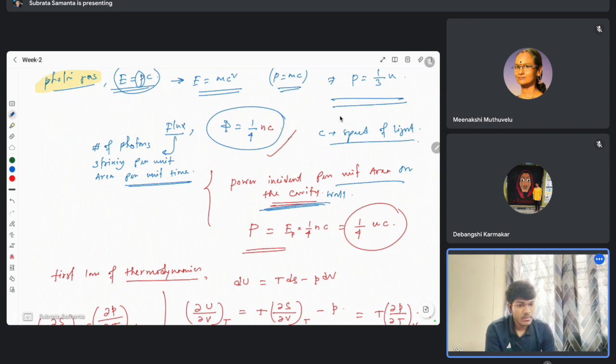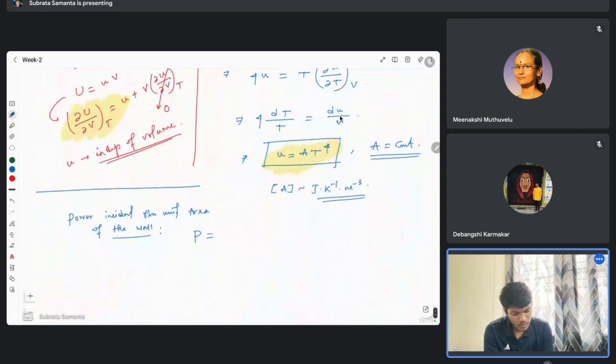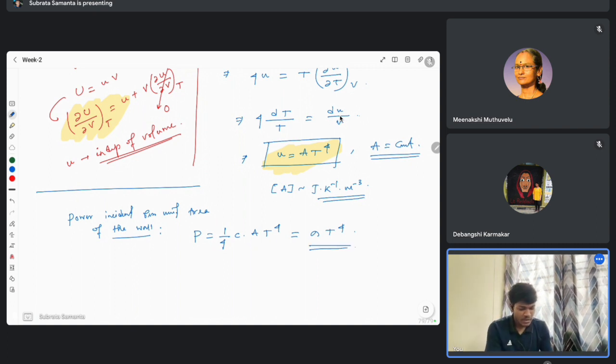So it's just 1/4 c times u, which we derived. And what is u? a times T to the power 4. So that is sigma times T to the power 4. Sigma is 1/4 a times c.